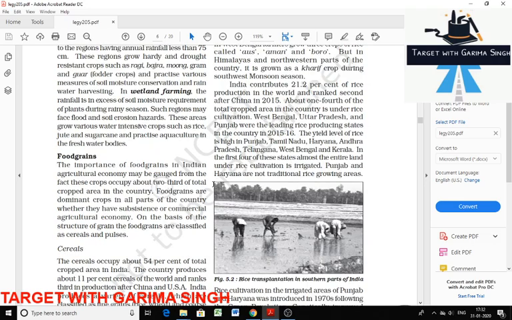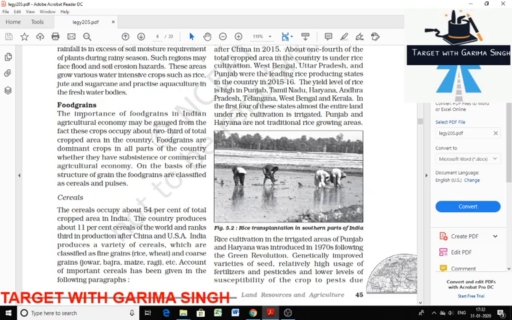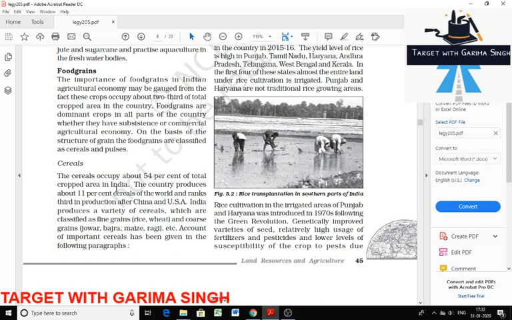Now let's move on to the cropping pattern. We will discuss food grains, then cereals, then others. Let's first discuss food grains. Food grains are important for the agriculture economy, and constitute about two-thirds of the total crop area in the country. Cereals are part of food grains.